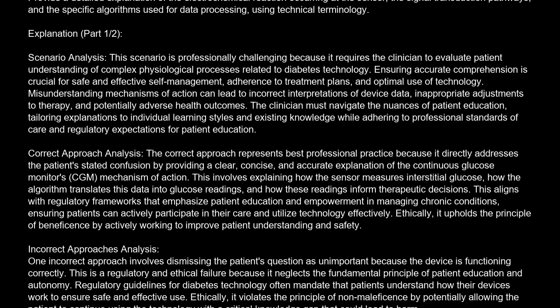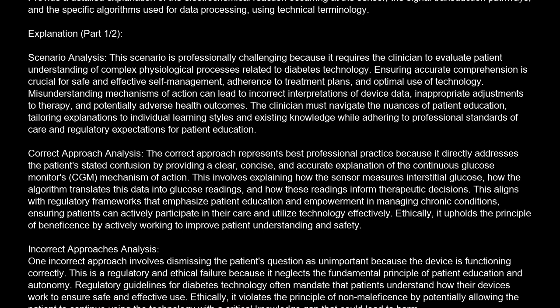Correct approach analysis. The correct approach represents best professional practice because it directly addresses the patient's stated confusion by providing a clear, concise, and accurate explanation of the continuous glucose monitor's, CGM, mechanism of action. This involves explaining how the sensor measures interstitial glucose, how the algorithm translates this data into glucose readings, and how these readings inform therapeutic decisions.